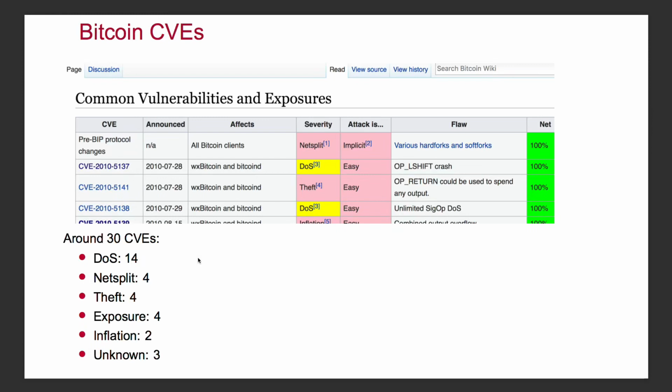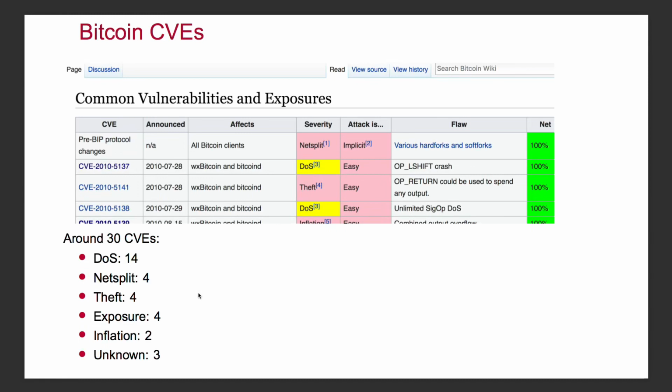Yeah. So then there is the net split attack. A net split attack is when one part of the nodes of the network see one ledger or active branch, and the other part of the nodes see another branch. We're going to go into detail with that. There is the theft attack. Theft could be either theft on the blockchain itself, meaning that during validation, the blockchain simply accepts invalid transactions and, for example, creates coins out of nothing.